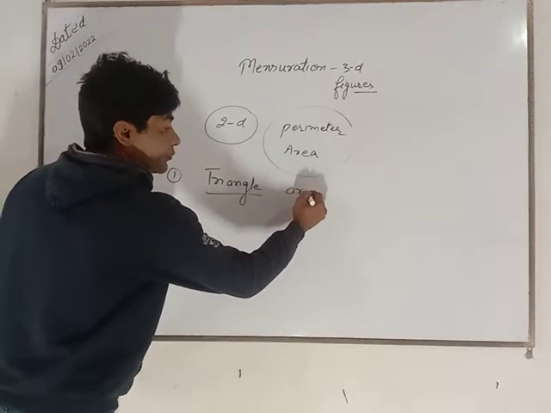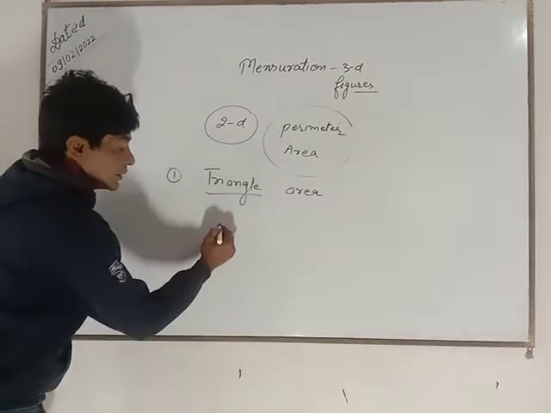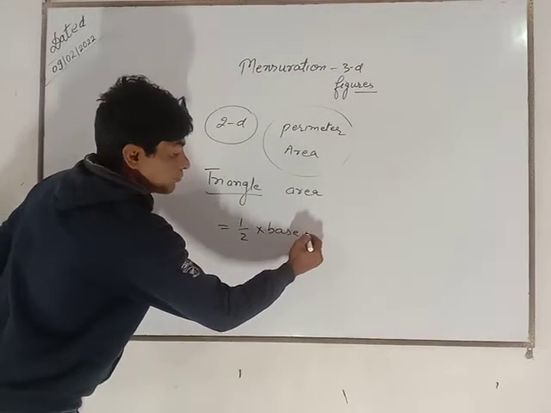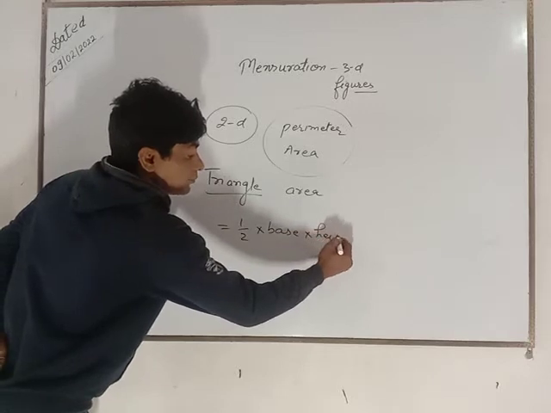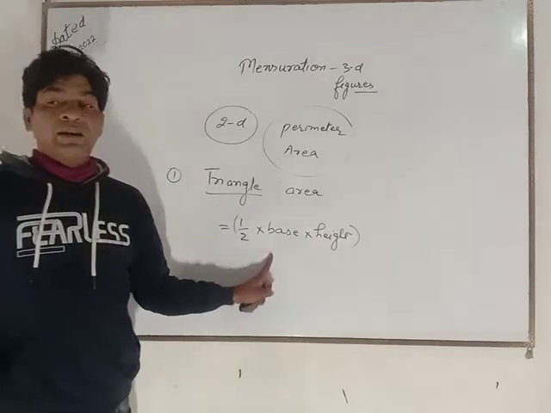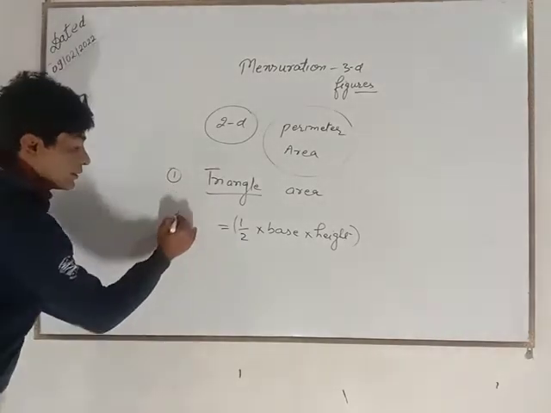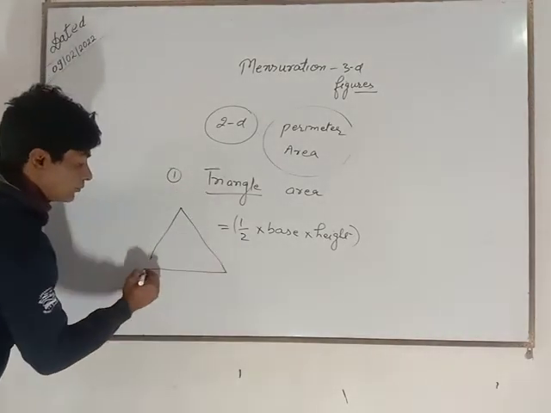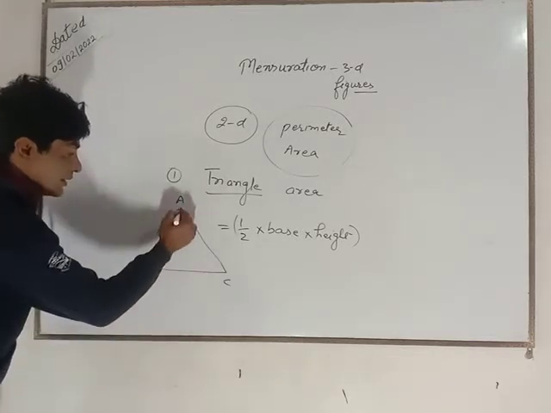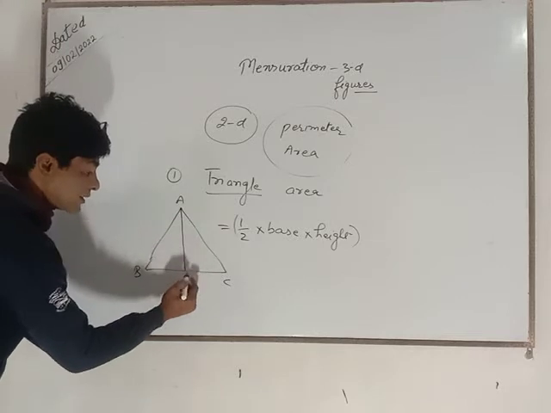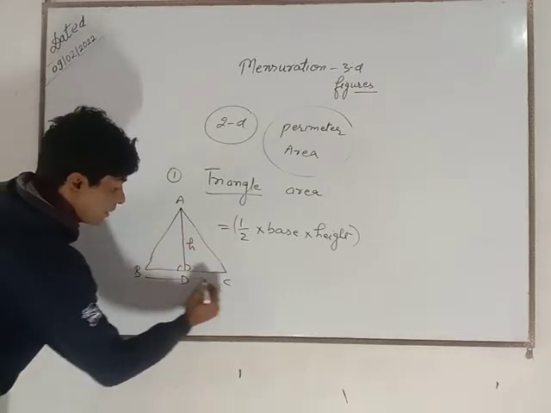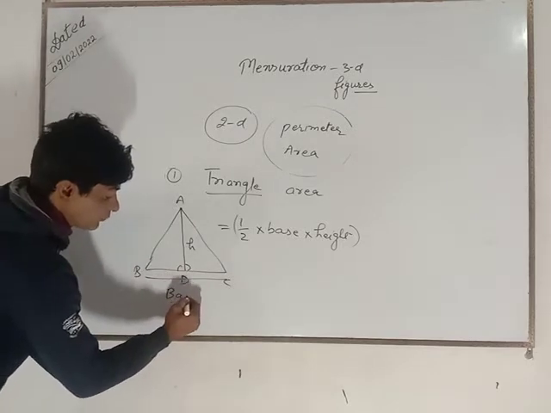Triangle area. What is triangle area? This is equal to 1 by 2 into base into height. Right? This is the area of a triangle. Suppose that there is any triangle ABC and AD is perpendicular on BC, then this is height and BC is taken as base.